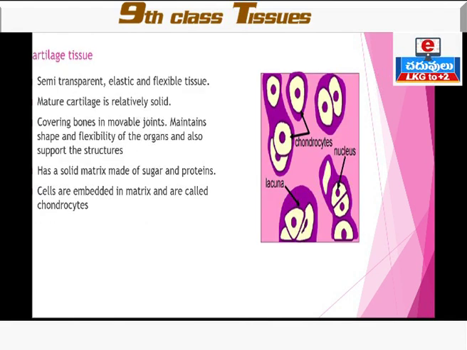Let us discuss cartilage tissue. Cartilage is an elastic, flexible tissue present at the tip of the bones at the joints. As you have learned in lower classes, the main function of cartilage is to protect the bone from tear and wear. It is a semi-transparent, elastic, flexible tissue.